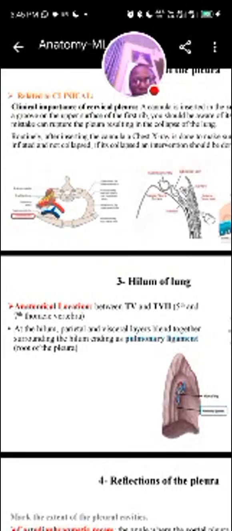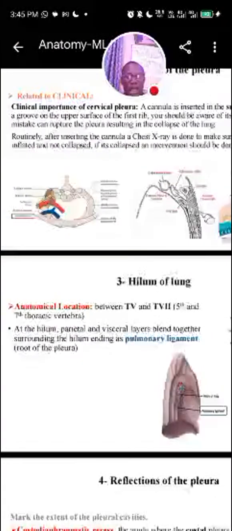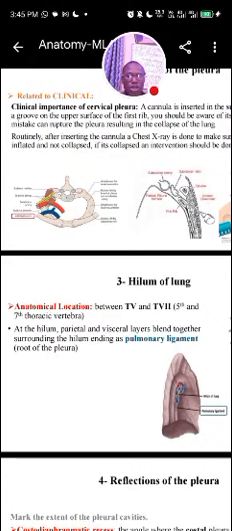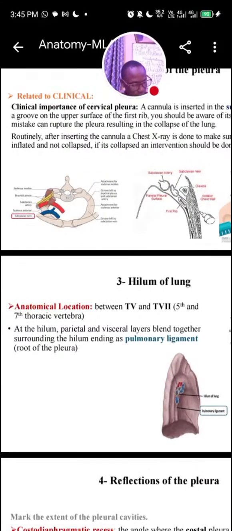Hilum of the lung. I said we are going to look at the hilum of the lungs. Now, hilum of the lungs, as the next point, you write it down. Anatomical location: T5 to T7.